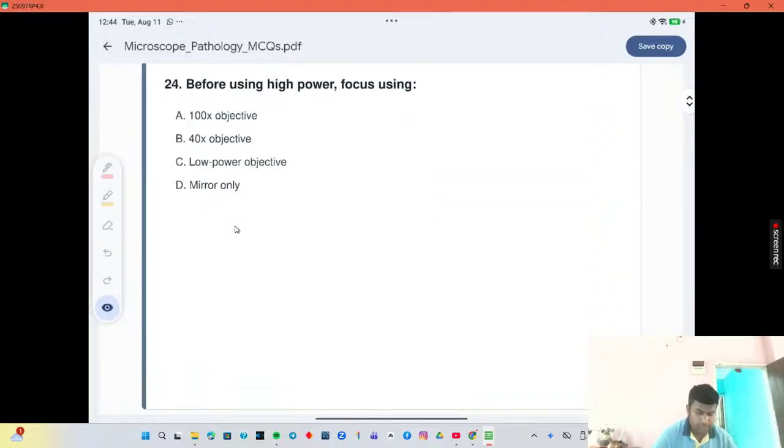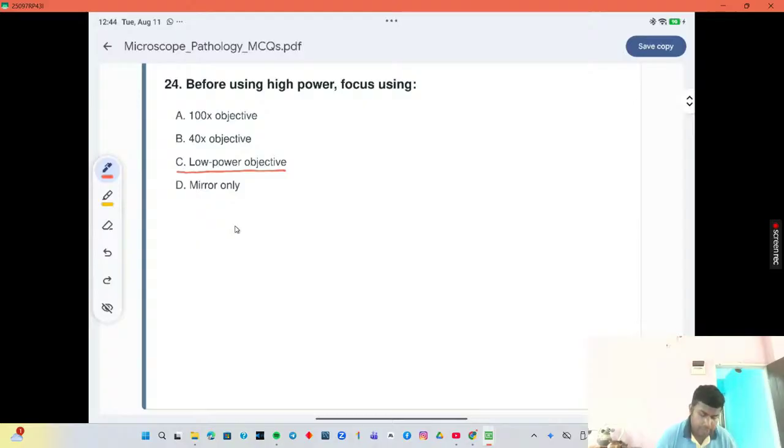So here the question is given as before using high power objective, we should always focus on. It is a very easy question. We should always focus on low power objectives. That is, we should first focus on scanner, that is 4x, and then 10x.